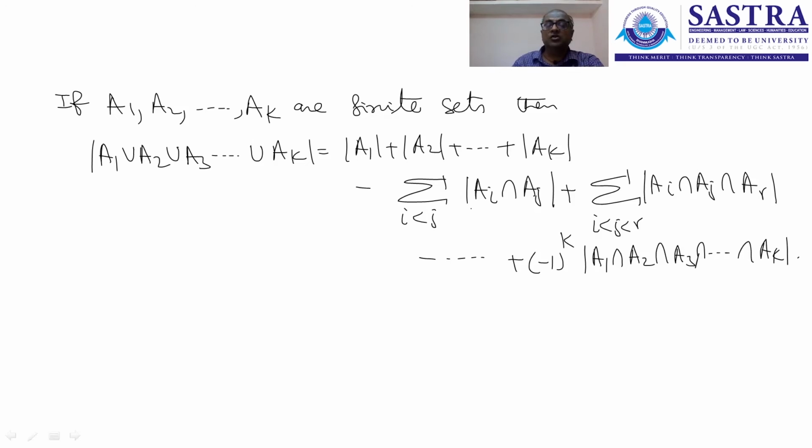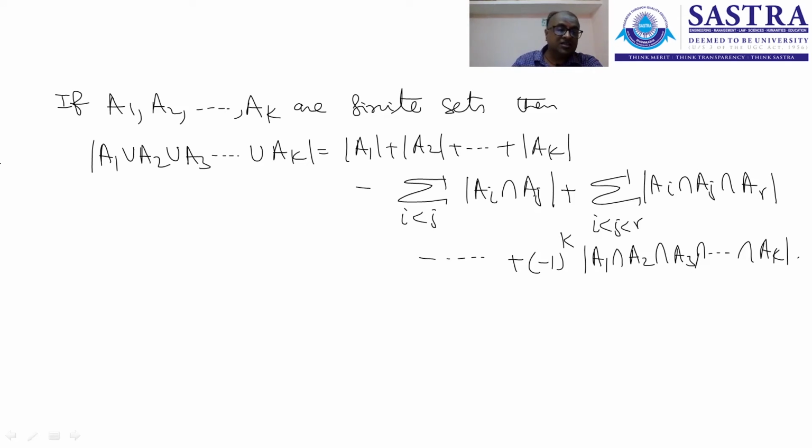So here alternately you have plus and minus: first pairs of sets, then sets taken 3 at a time, then 4 at a time, 5 at a time, and at last all k.